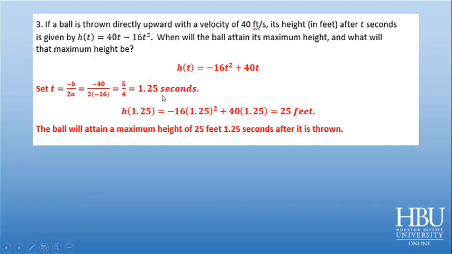To find the height of the ball at the maximum point, I substitute 1.25 for the t into the quadratic function. Minus 16 times 1.25 squared plus 40 times 1.25 works out to be exactly 25 feet. So the ball will attain a maximum height of 25 feet, 1.25 seconds after it is thrown.